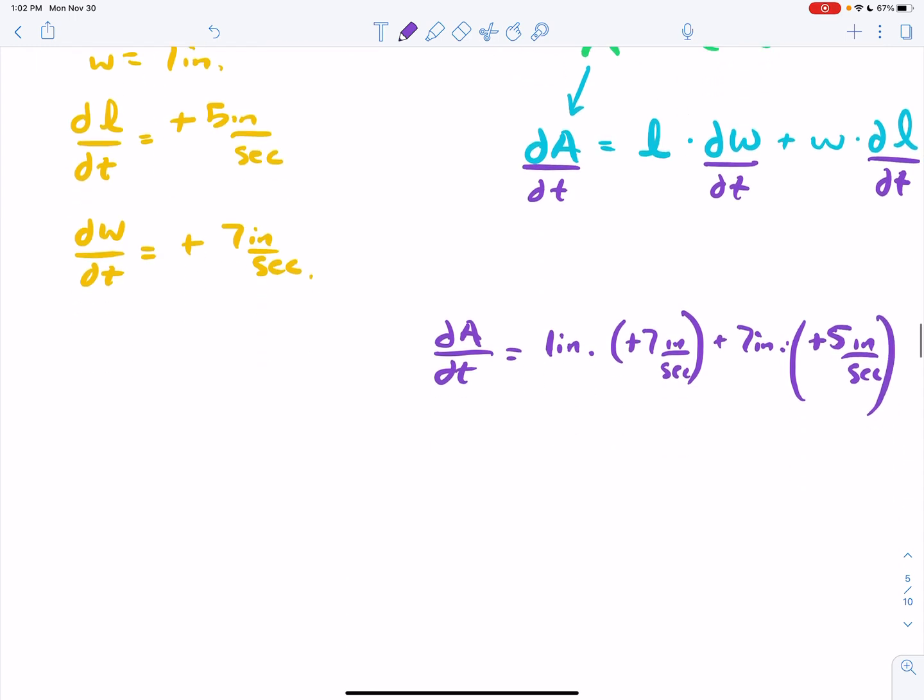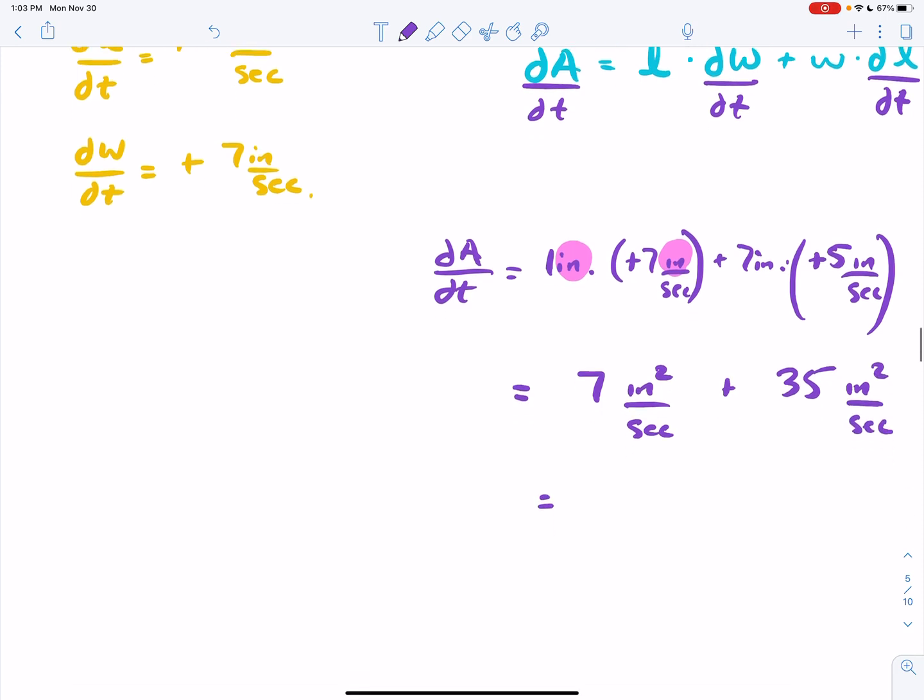Okay? 1 times 7 is 7. And 7 times 5 is 35. Okay? If you guys take a look here, I'm multiplying inch with inch. So that is actually inches squared per second. And this is also inches squared per second.